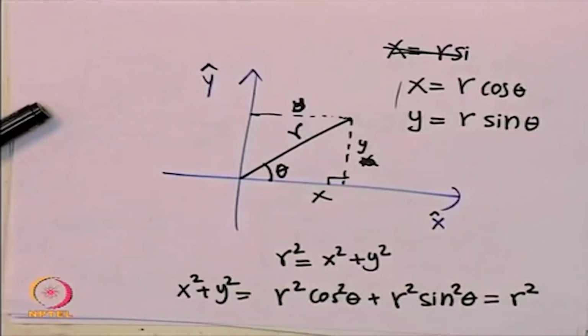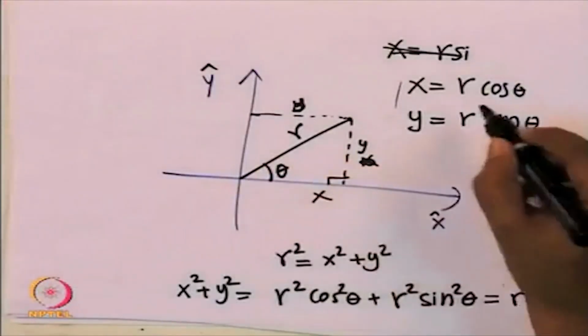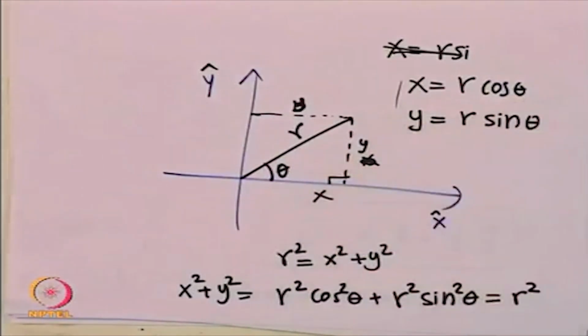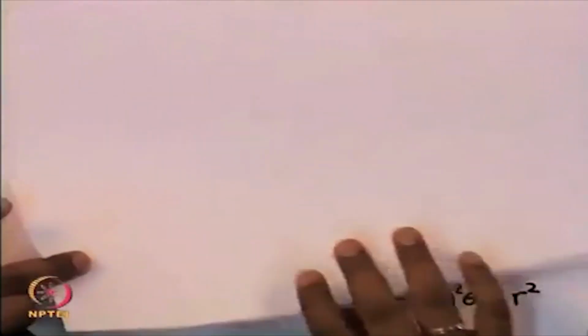But this has an interesting implication: the x component is r cos theta and the y component is r sin theta. This has interesting consequences, like when we were discussing charges.